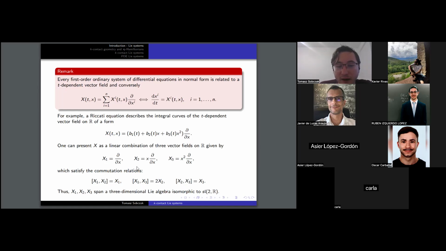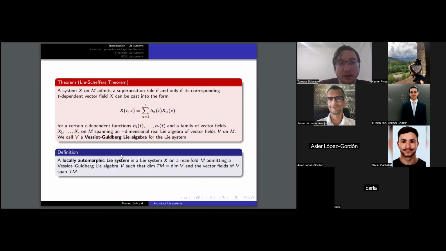And it turns out that these conditions, meaning that we have the decomposition and the vector fields included in it span a finite-dimensional Lie algebra, are sufficient to say that our system is a Lie system. This is obtained from the Lie-Scheffers theorem, which says that if a system X admits a superposition rule, then its associated time-dependent vector field can be cast exactly in this form, where we separate the time-dependent and the manifold-dependent parts.